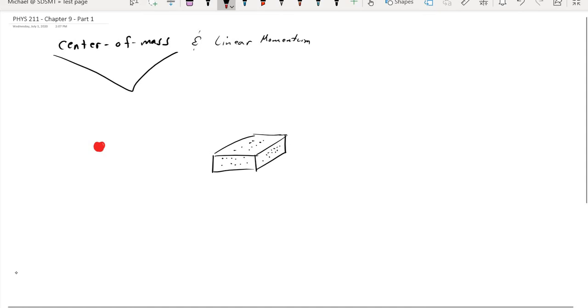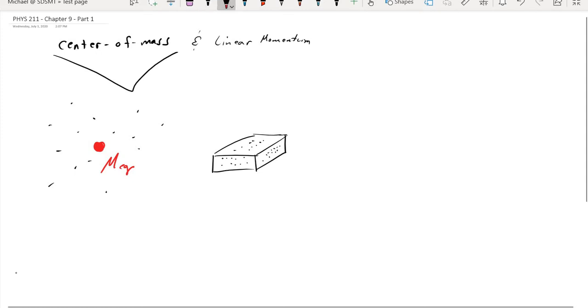And the reason we want to find an equivalent mass is so that we just have one physics expression that we're dealing with, as opposed to having to deal with each individual particle on its own.